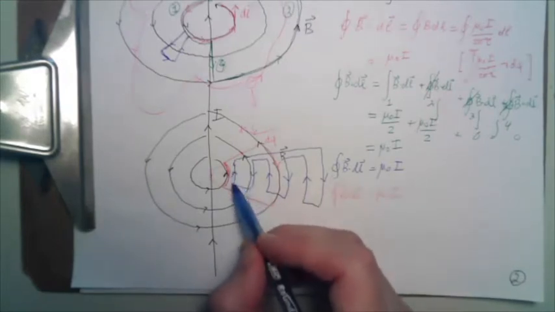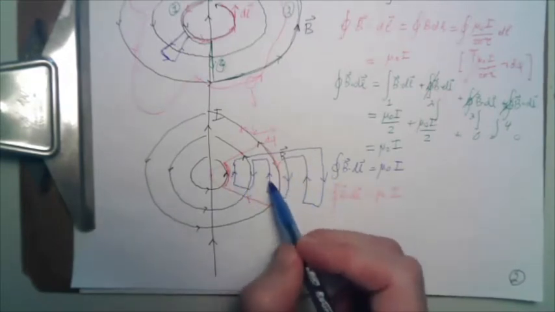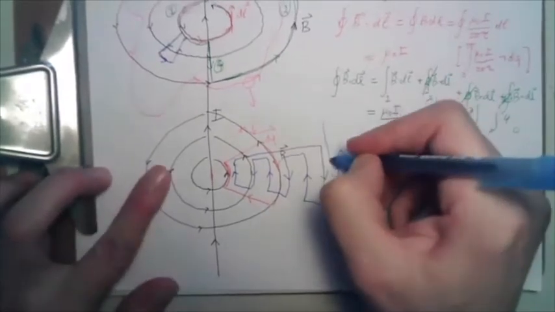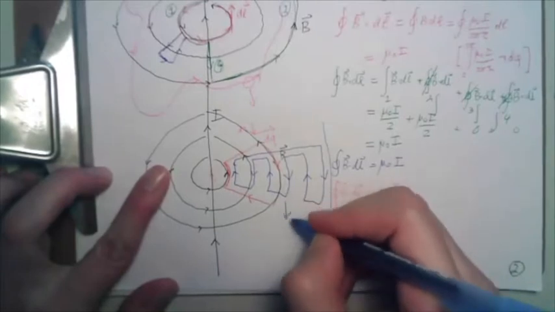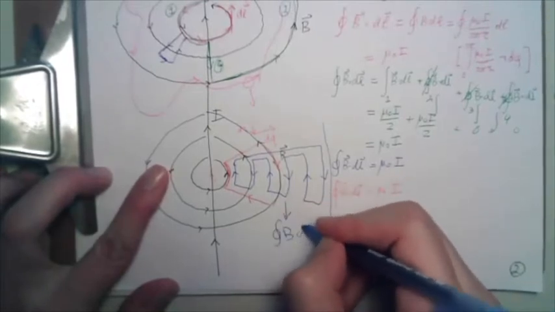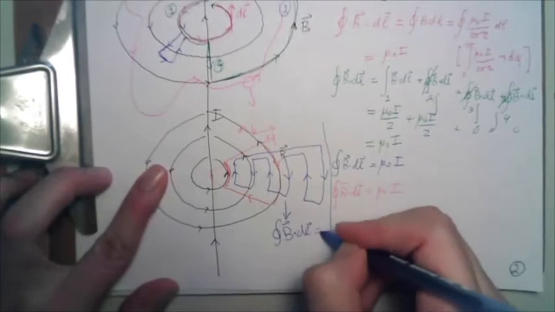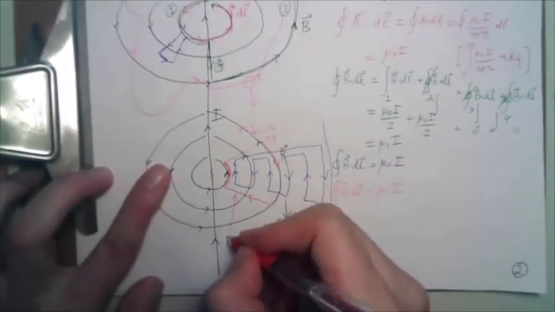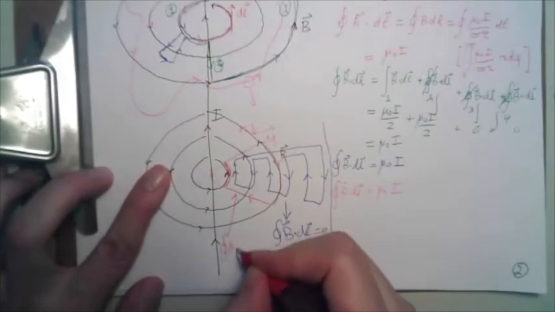This path is canceling with this, and this is with this, and this is with this. So the whole thing comes out as 0. So B dl is 0, and here also B dl is 0.